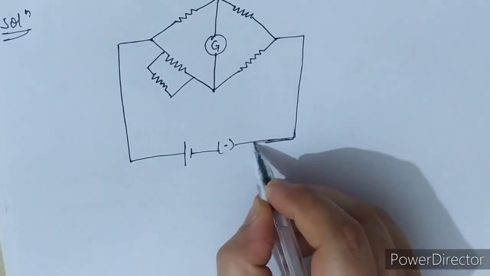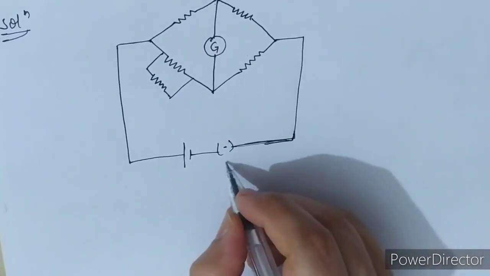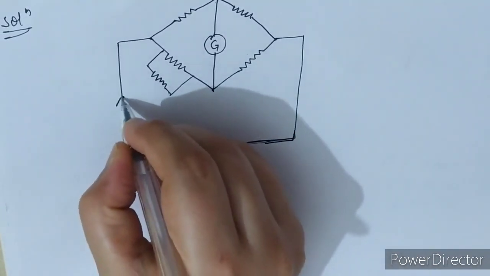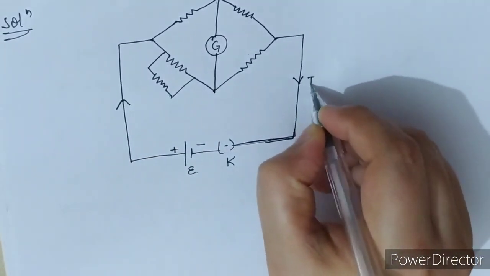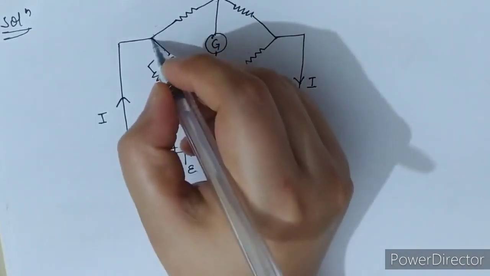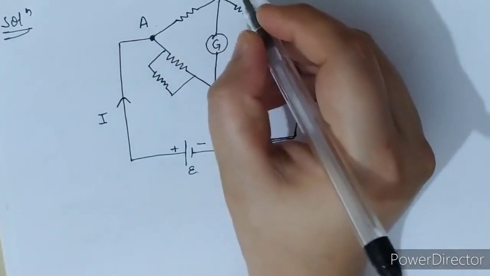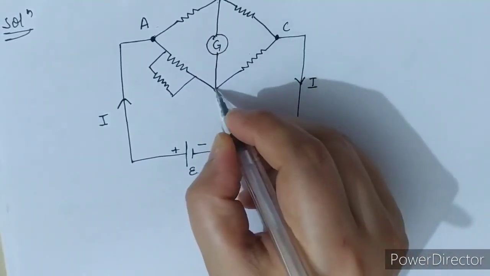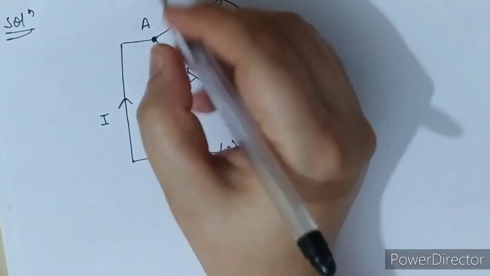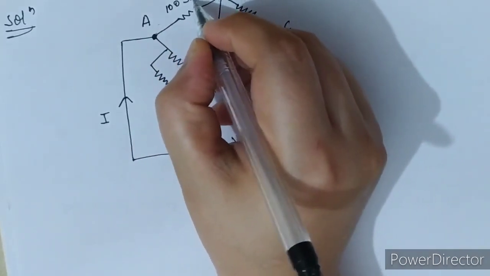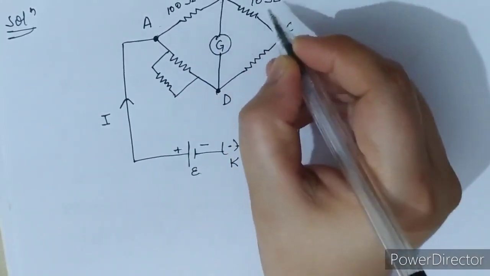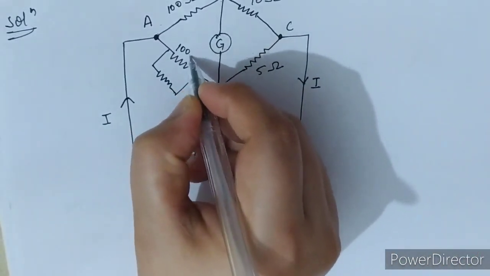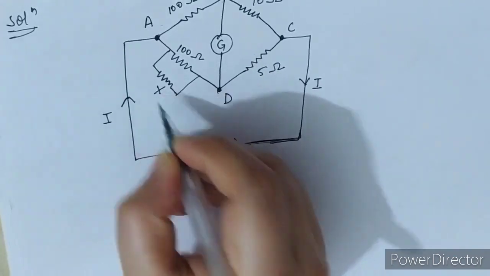Plus minus EMF of E. Current is going from this to this, I and I. This is your point A, this will be your point B, and then C and D. Resistances are like that, 100 ohm, 10 ohm, 5 ohm. This is 100 ohm, and this is X.